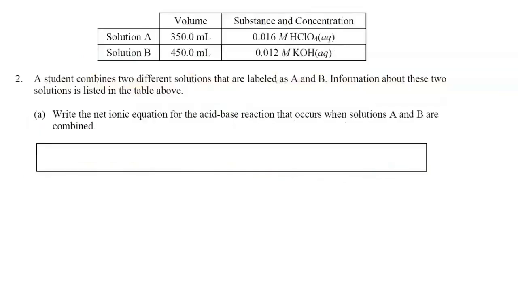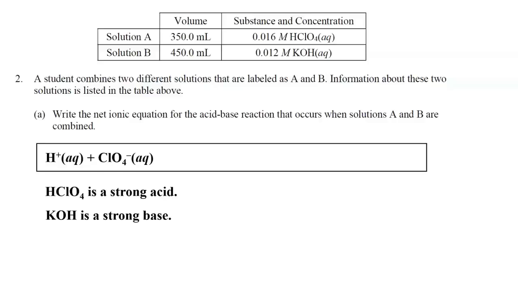Now that we know that HClO4 is a strong acid and KOH is a strong base, we're going to split these substances up into separate ions as we're preparing to write this net ionic equation. So since HClO4 is a strong acid, we're going to write it as H+ and ClO4- because it is 100% ionized in aqueous solution, and potassium hydroxide, because it is a strong base, we will write it as K+ and OH- because it completely dissociates into separate ions in aqueous solution.